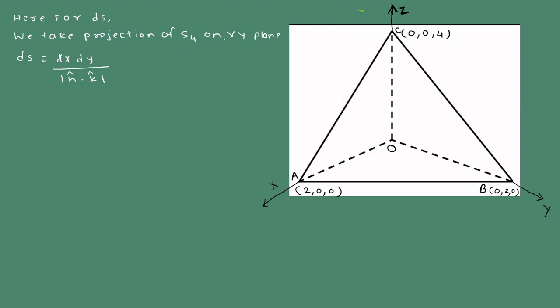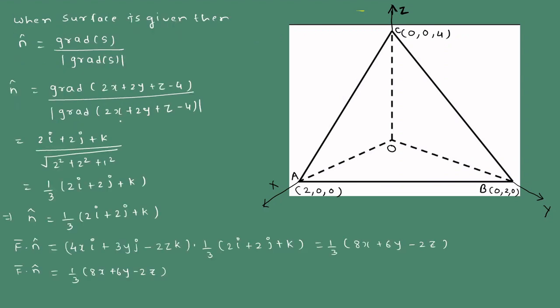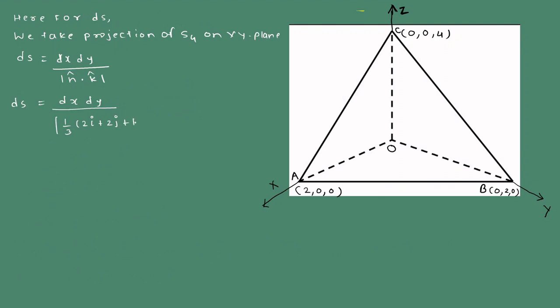It is not necessary to take the projection on the xy plane. You can take any plane, yz plane or xz plane. Right. So ds is equal to dx dy upon, what is n cap? It is 1 by 3 (2i plus 2j plus k), dot product with k cap. So it is dx dy upon 1 by 3.